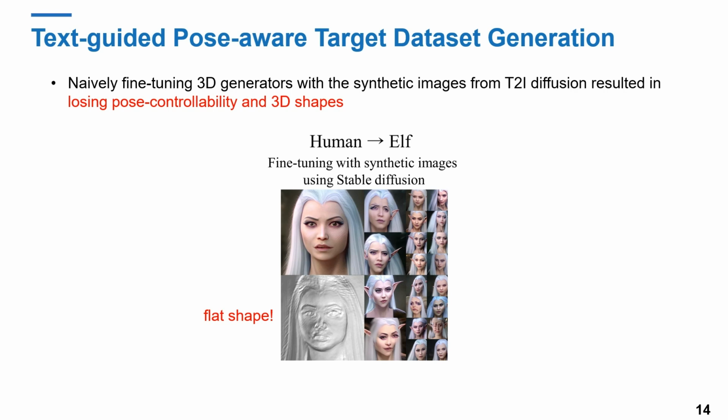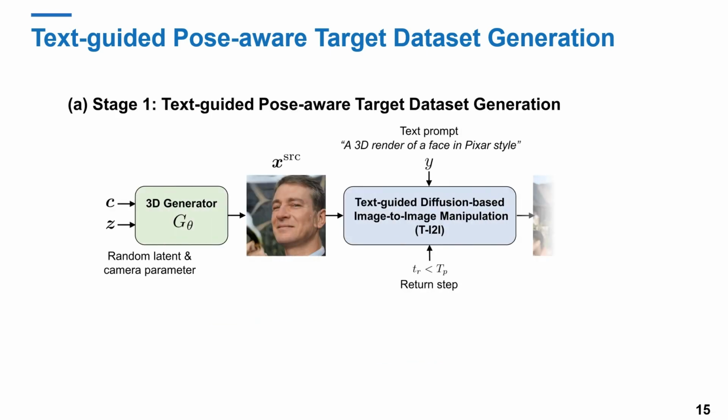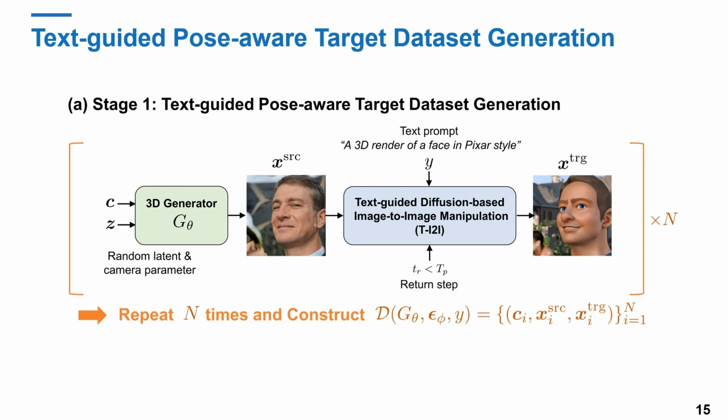When training the model naively with images generated through the text-to-image diffusion from the random latent, the model loses its pose controllability and 3D shape. To resolve this, we propose text-guided pose-aware target dataset generation. First, we generate images in specific poses using the 3D generator.